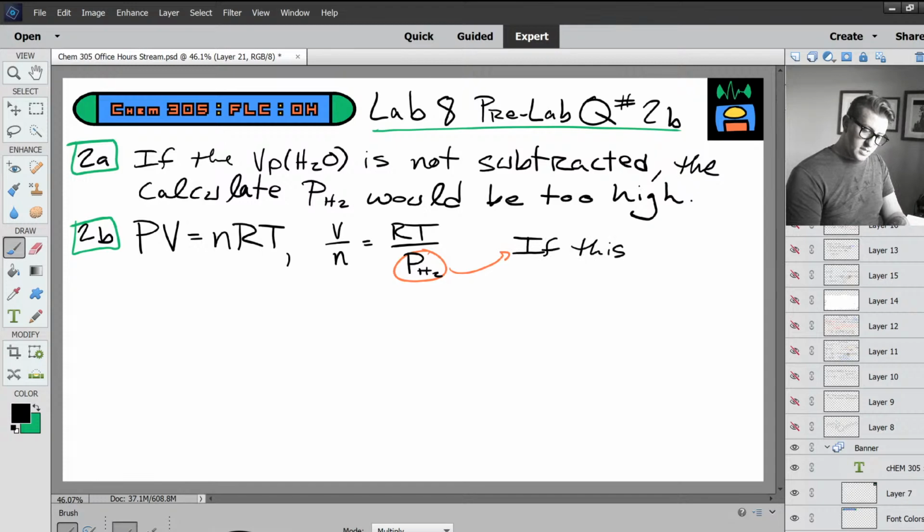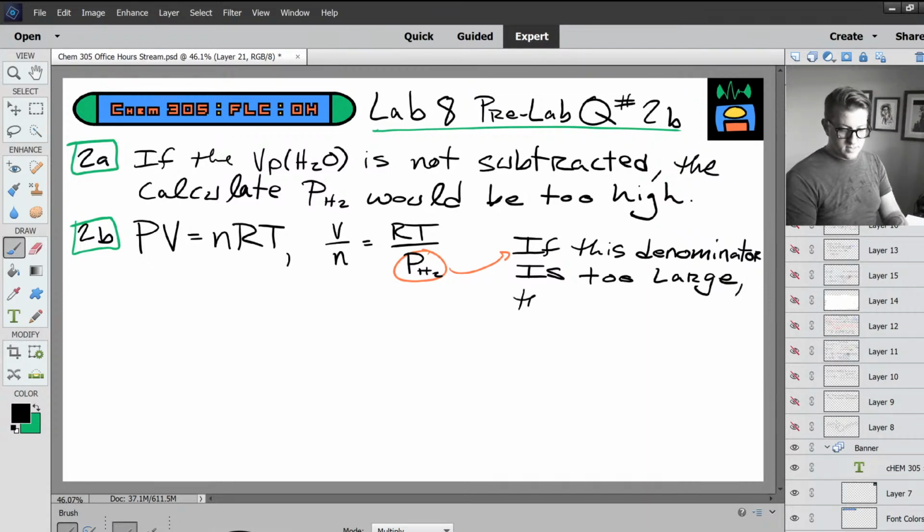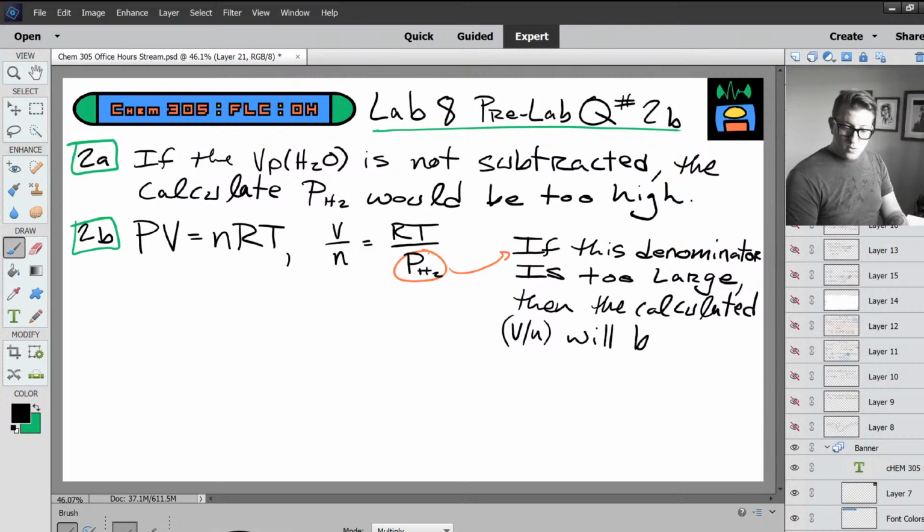If this denominator is too big, right, larger than it should be because we forgot to subtract, then the molar volume, or I should say the calculated molar volume, will be smaller than the real molar volume.